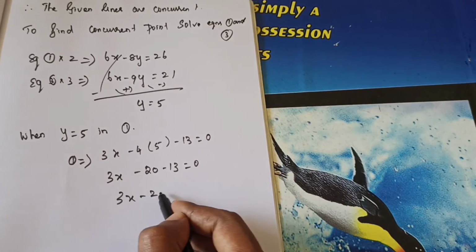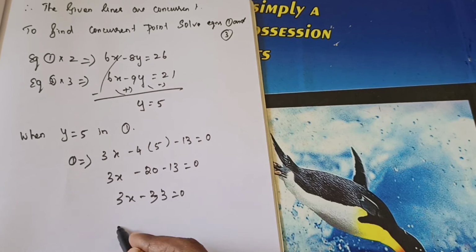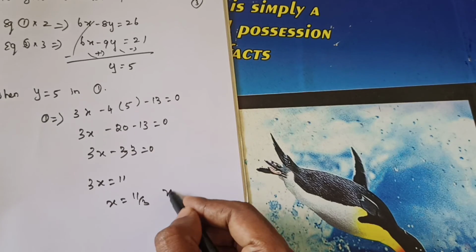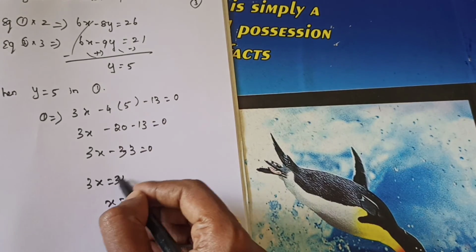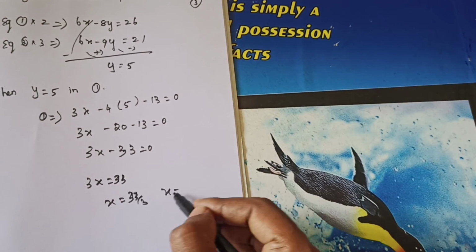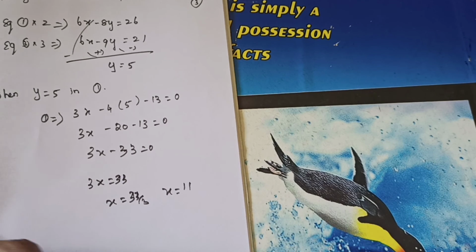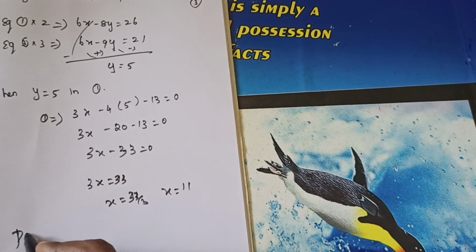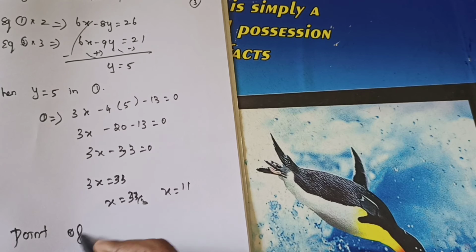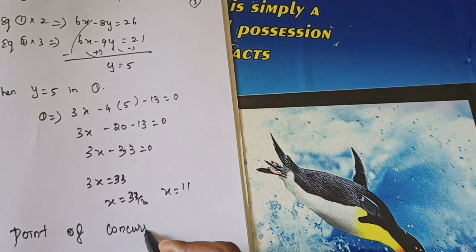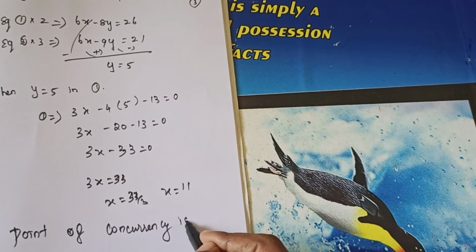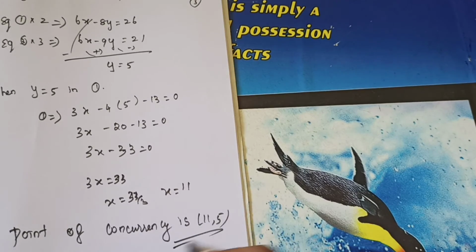So 3x minus 33 equal to 0. So 3x is equal to 33. So x is equal to 33 by 3. So how much will you get? 11. So what's the concurrent point? The point of concurrency is 11, 5. This is the required answer.